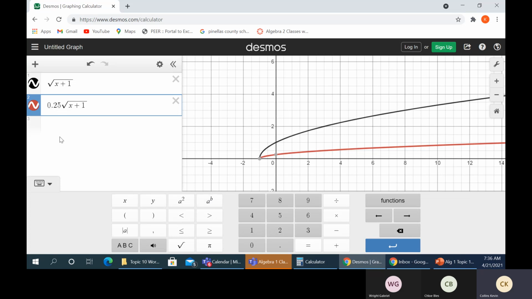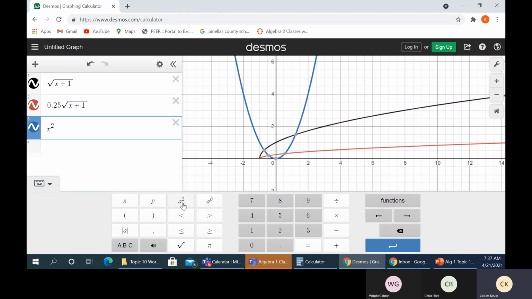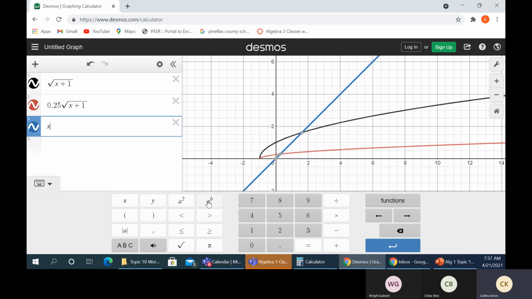So just to give you a little tutorial on this, here's x squared, right? Let's say I wanted x to the third. Then I would go x, and then I'd hit this guy, and then you can key in any number you want. So there's an x to the third. Okay, and here's your square root. And then if you need numbers, you got them over here, plus, minus, divide, all that good stuff. So it's pretty easy to work with.